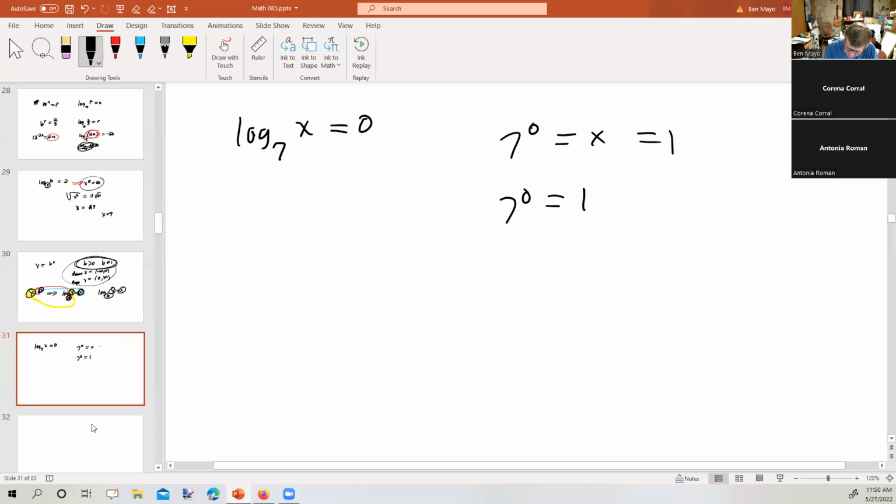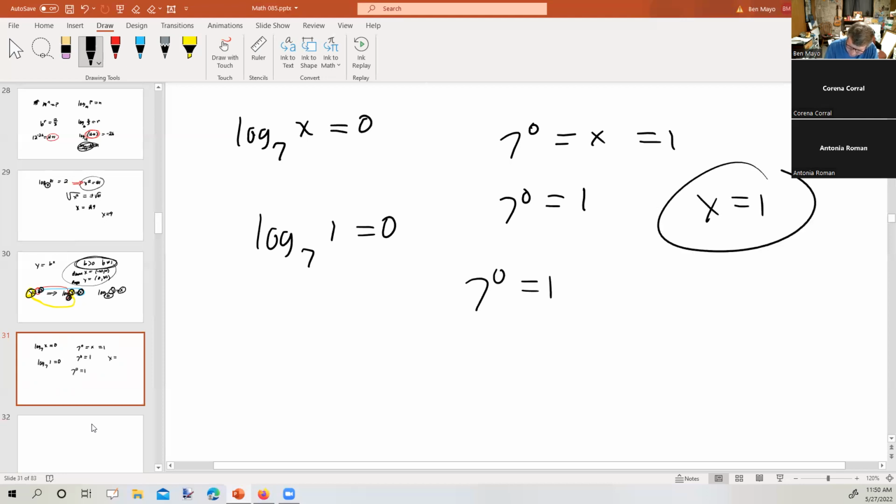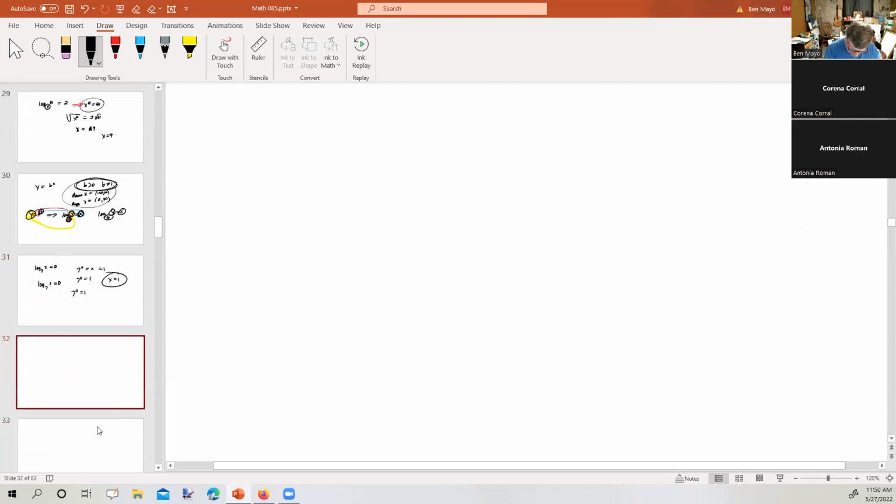So x equals 1. Log base 7 of 1 equals 0. 7 to the 0 power equals 1. But our solution is that x equals 1. Okay. You good to go on? Yes. All right.